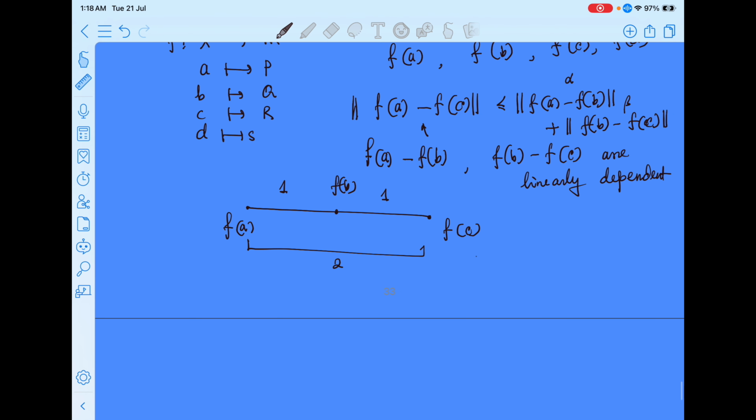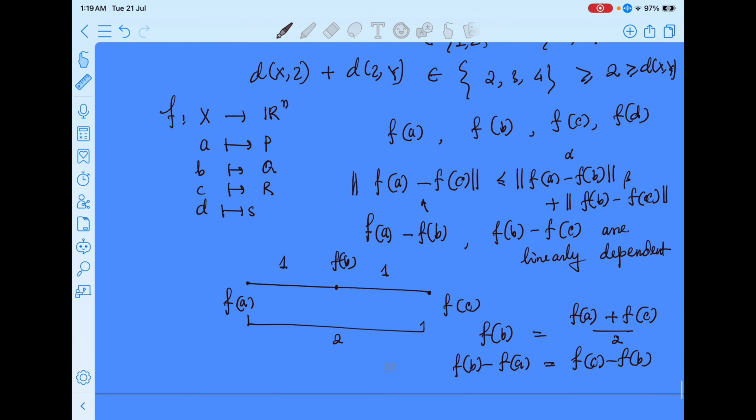So f of b is basically f of a plus f of c divided by 2, or f of b minus f of a equals f of c minus f of b.